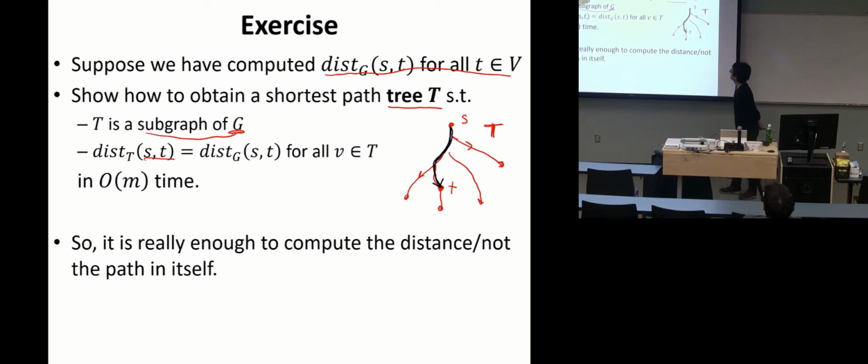And I claim that you can compute this tree in just linear time, O of M, where M is the number of edges. Okay. Does anyone have a suggestion how to do that?